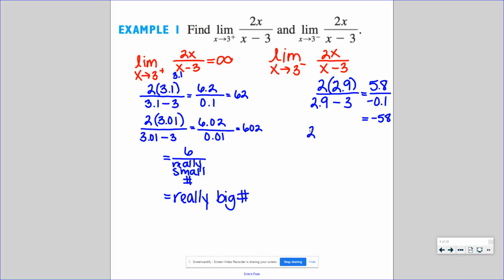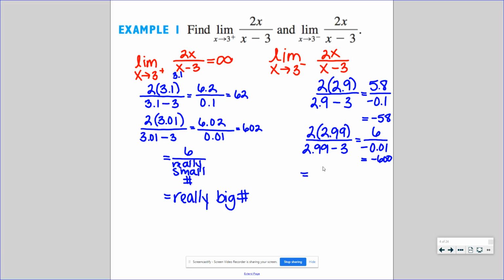Okay? Keep going and pick a number that's even closer, like 2.99. When you do the math, the top is going to be some number really close to 6. The bottom is going to be negative 0.01, which would give you negative 600. So do you see what's happening? The closer the number gets to 3, my solution gets even larger, but in the negative direction.